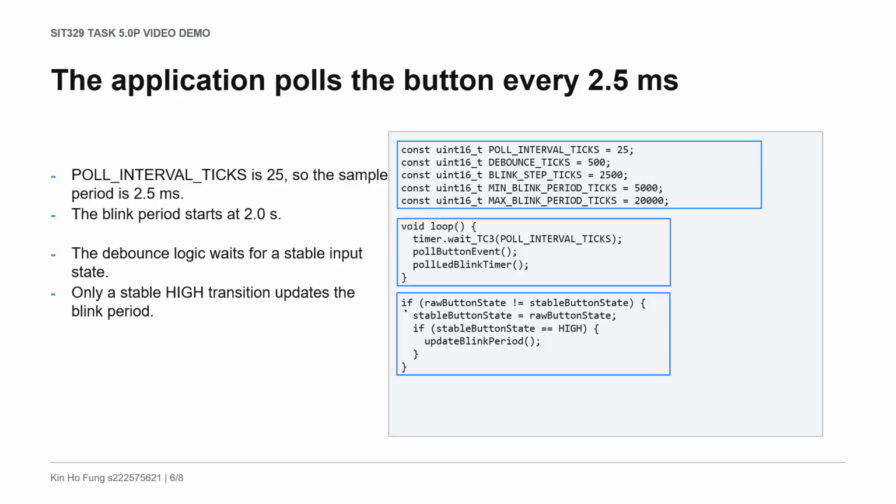Each valid press subtracts 2,500 ticks, which is 0.25 seconds. The current version also includes a stable state debounce check. This prevents switch bounce or a floating input from causing multiple false button events.